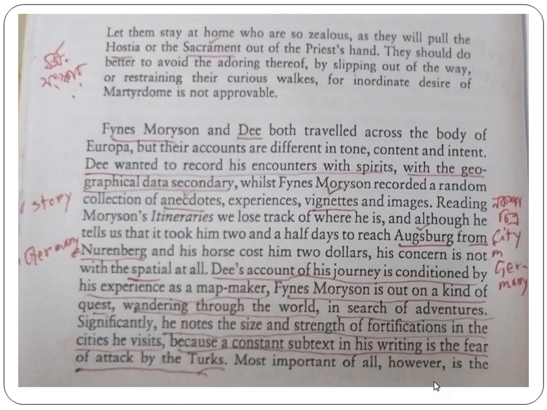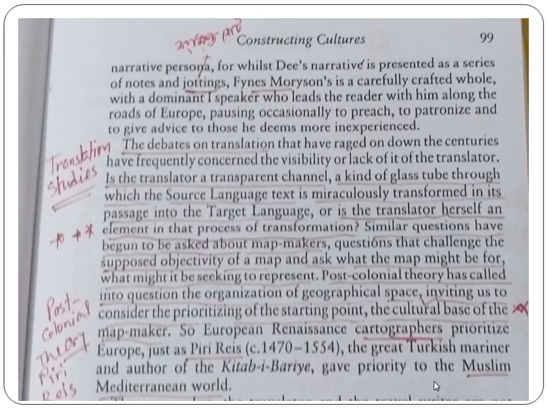Actually, Fiennes Morrison was afraid that the Turks dominated Constantinople, and the Ottoman Empire was powerful, and for this reason he was afraid that any time he might get attacked by the Ottoman Empire, especially the Turks. Okay, and for this reason, the debate on translation has also been raised.